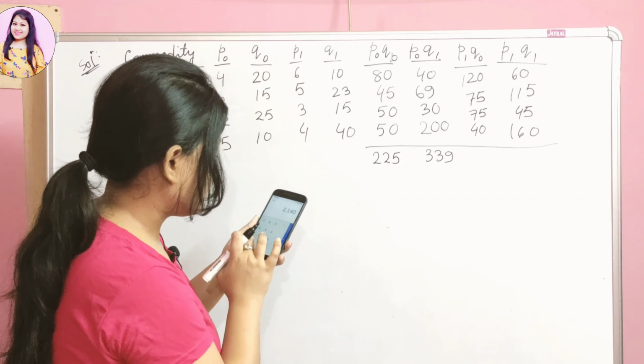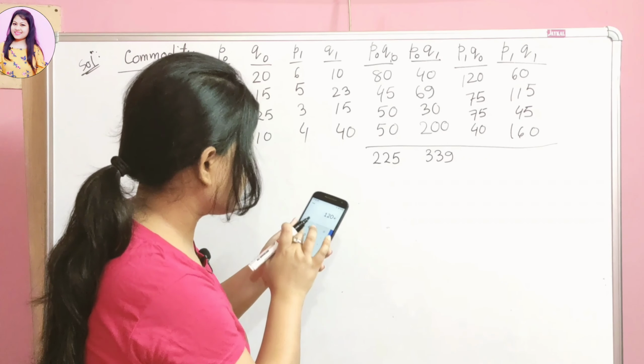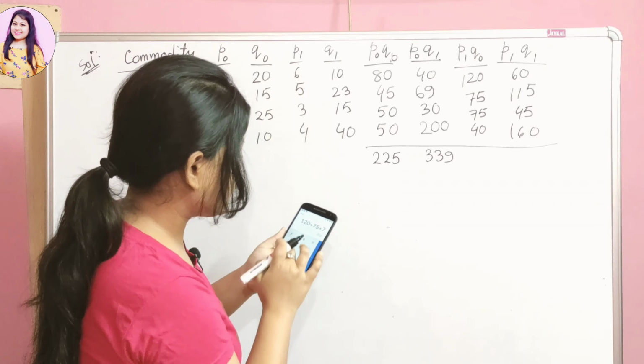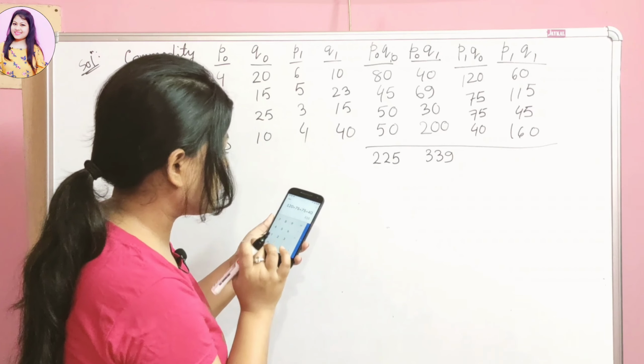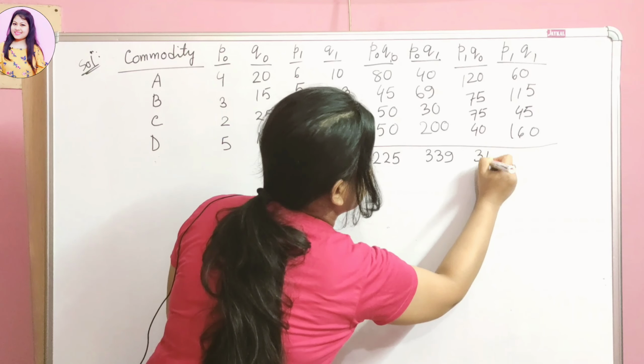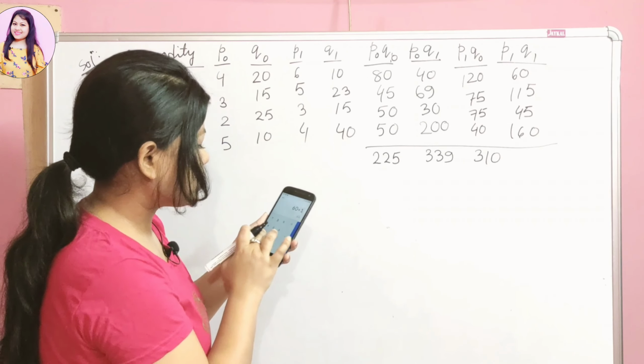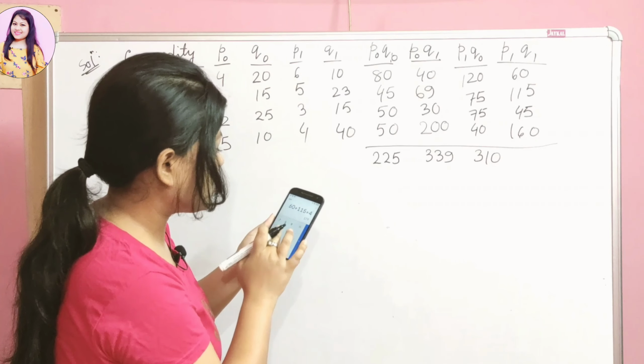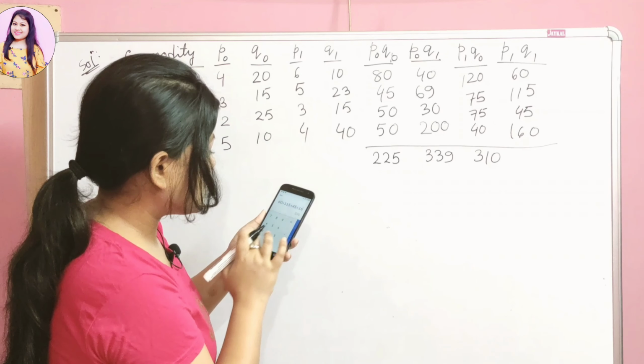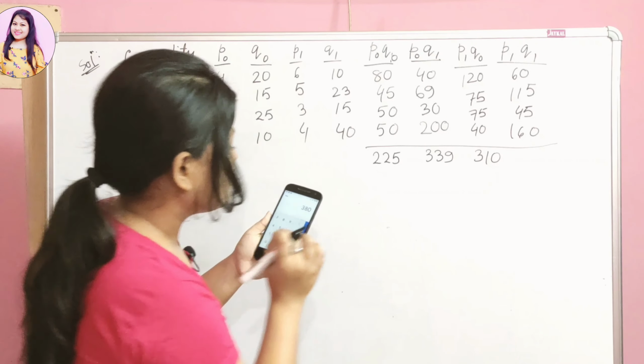Next, 120 plus 75 plus 75 plus 40 is equal to 310. Next, 60 plus 115 plus 45 plus 160 is equal to 380.